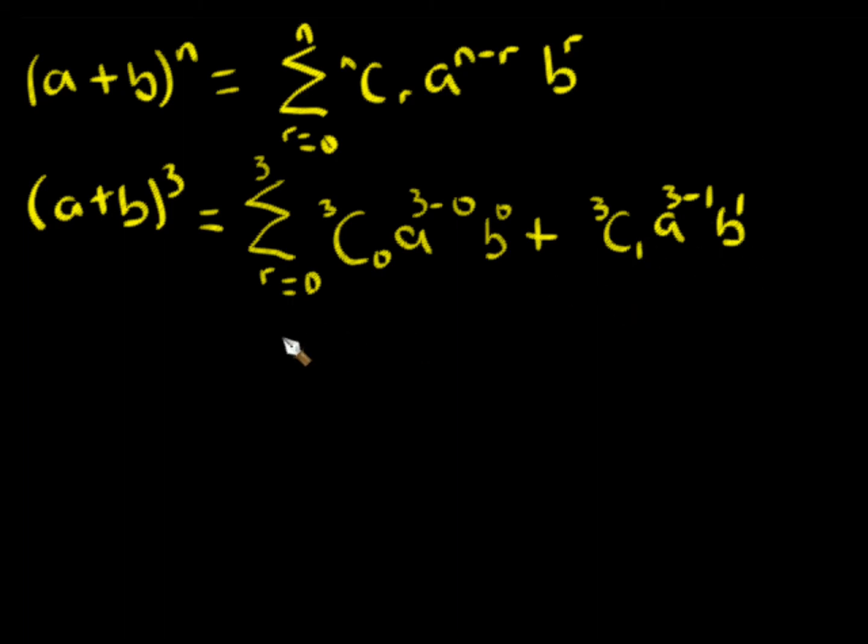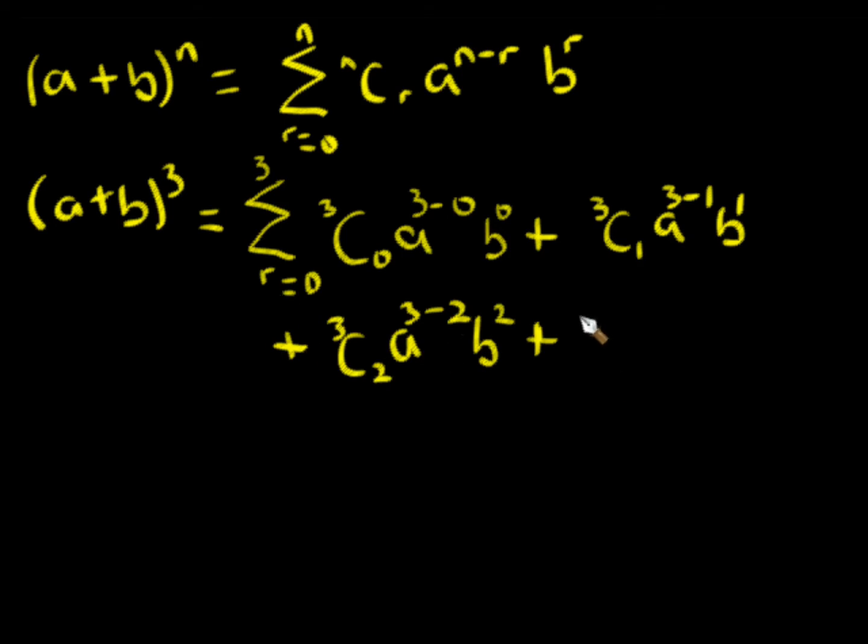So this would be plus 3 combination 2, multiplied by a raised to power 3 minus 2, multiplied by b raised to power 2. Now the value of r keeps on increasing. We are at 2 now and we must get to 3.